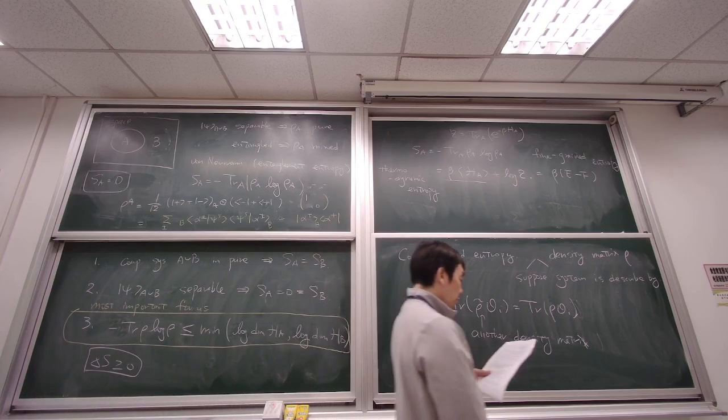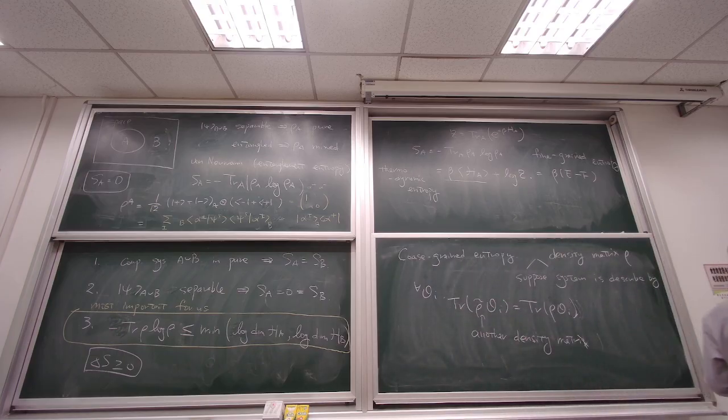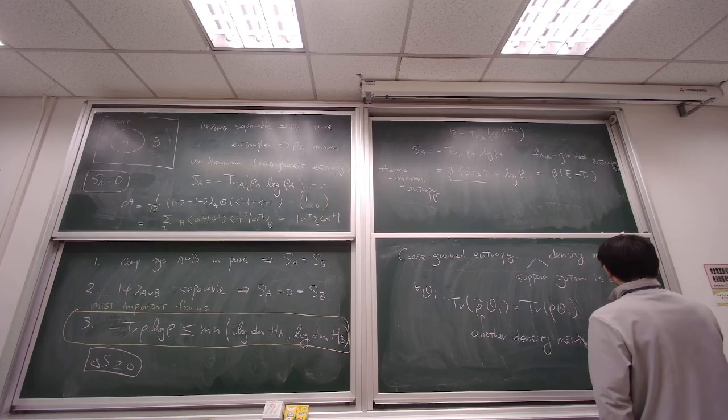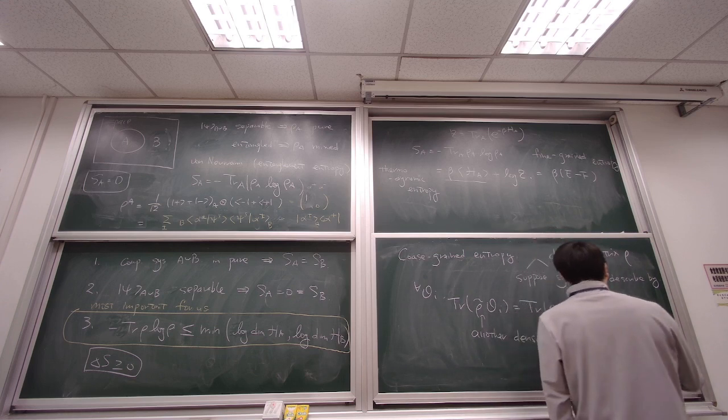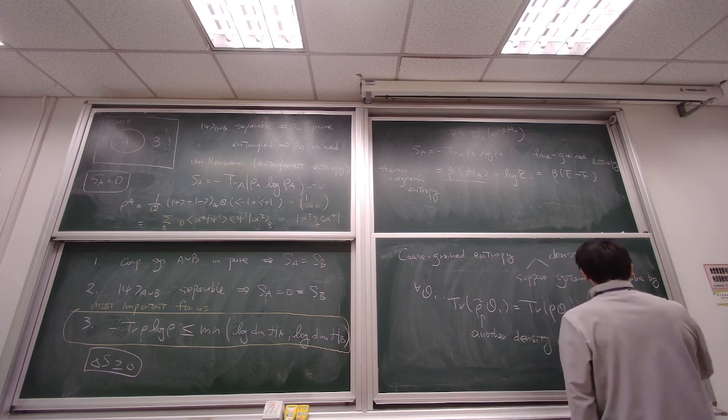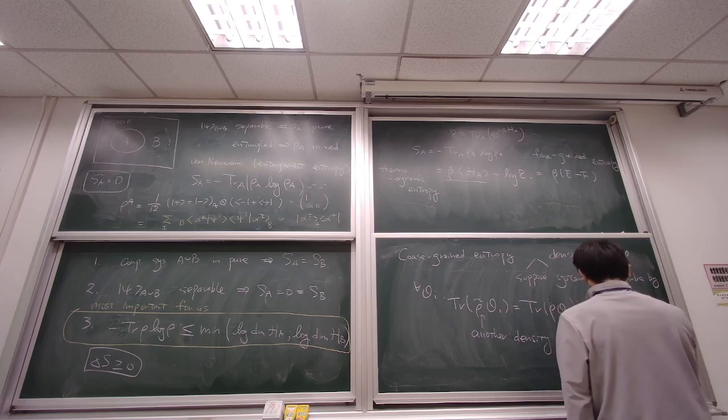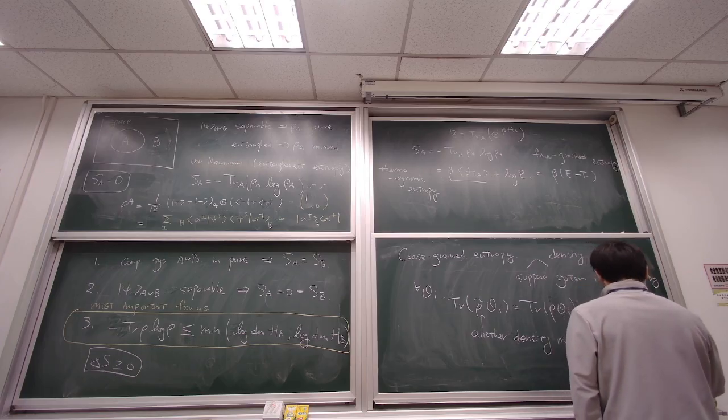Then one can compute the von Neumann entropy of this rho tilde. And the coarse-grained entropy is the maximum over such rho tilde which obey this property. That is the coarse-grained operator entropy.